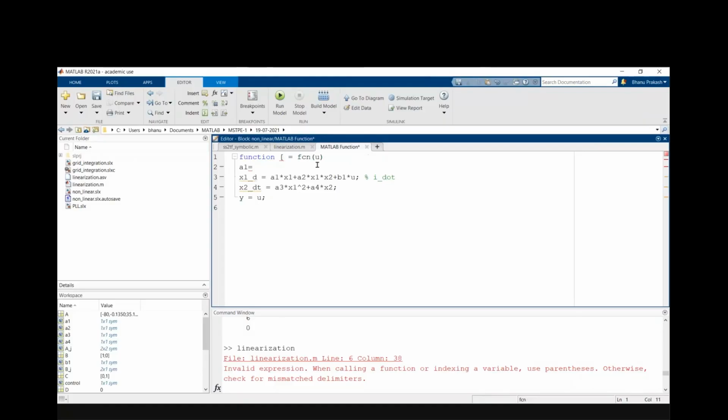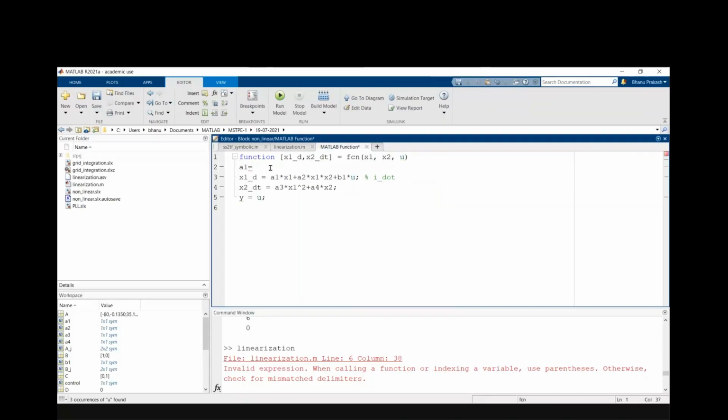You'll get x1 dot, x1 dt only. You have control C. You can make it control V, comma, control C, control V. This is a closed loop, and your input function is U. I think x1, x2 also you're getting it. X1, comma, x2, comma. You're going to get a system like this.